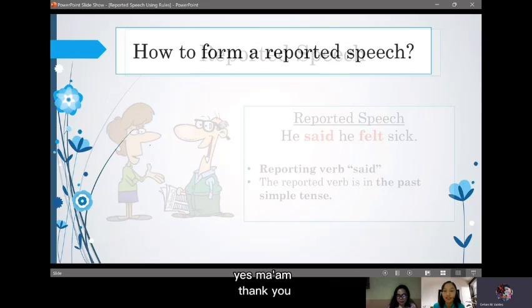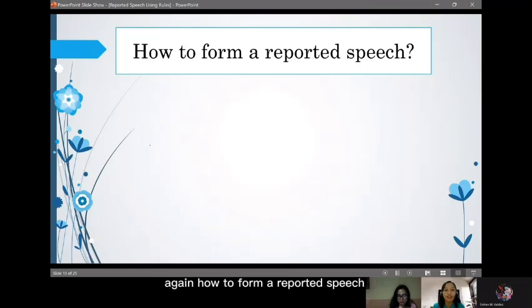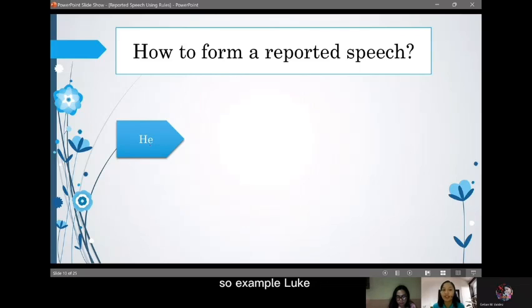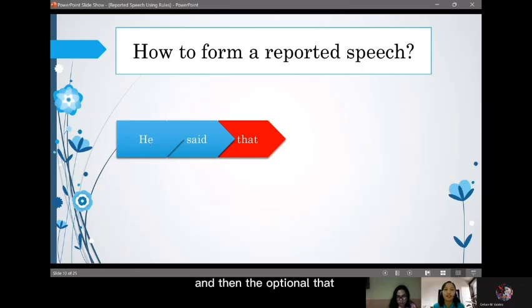Yes, ma'am. Thank you. So again, how to form a reported speech. Here we have the pronoun he. You can also change that into a name, for example, Luke. And then here we have the reporting verb, and then the optional that.